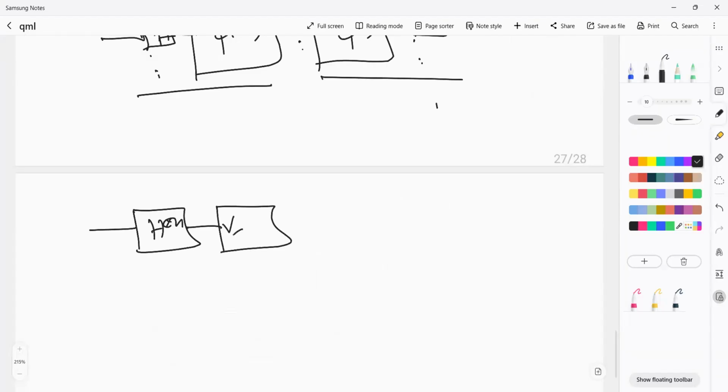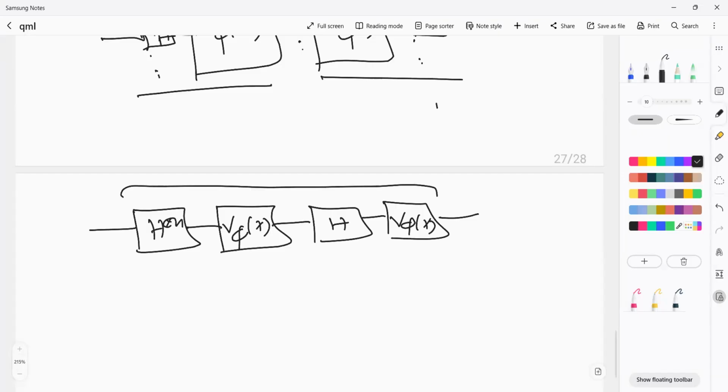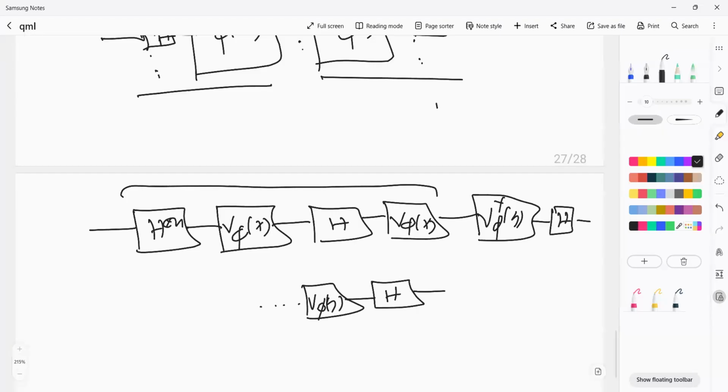However, if you have two repetitions of this circuit, so let's say V phi of x, Hadamard, V phi of x, this is like one feature map. And then for the kernel, you will have to take its dagger, which would be V phi of y, Hadamard, dagger, continuing here, V phi of y, dagger.